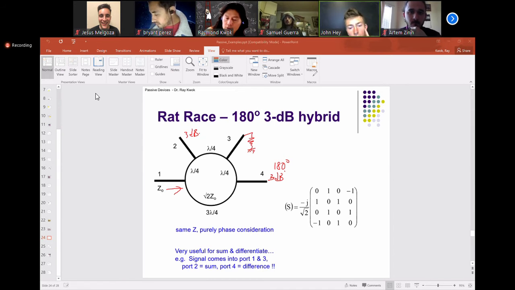No questions? I do have a question. Yeah, I'm still confused about the difference. Why is root 2 times the characteristic impedance chosen?